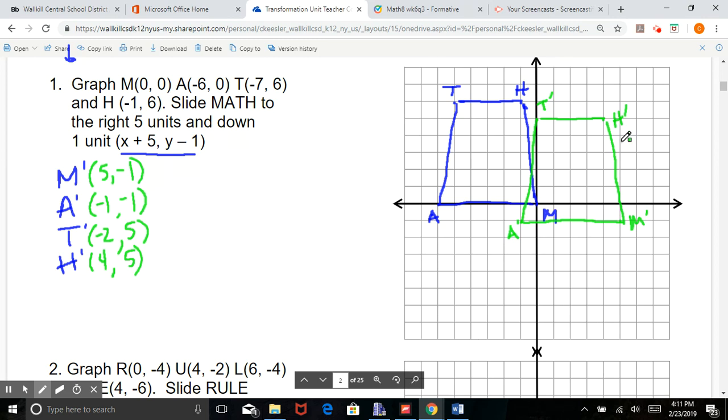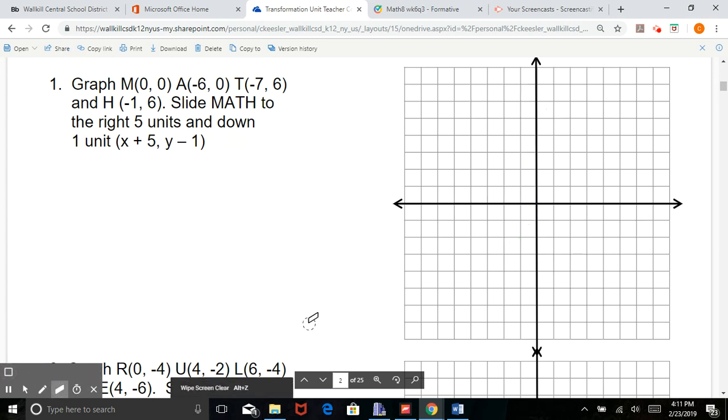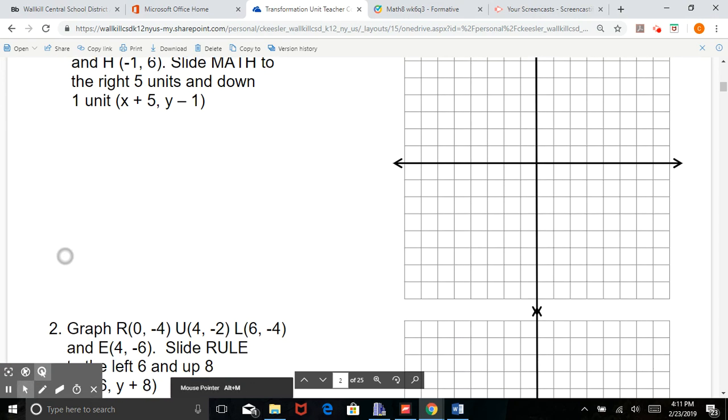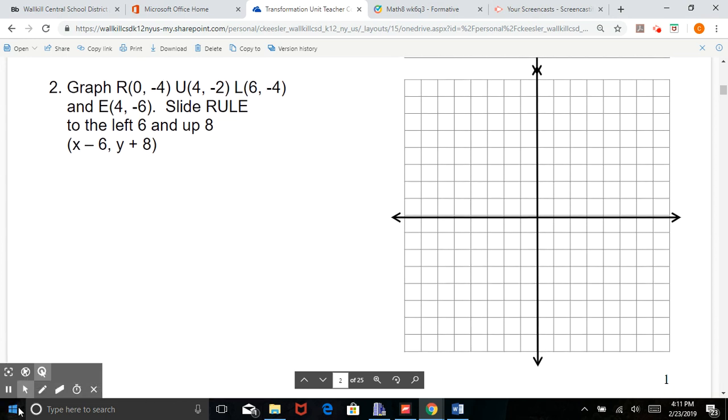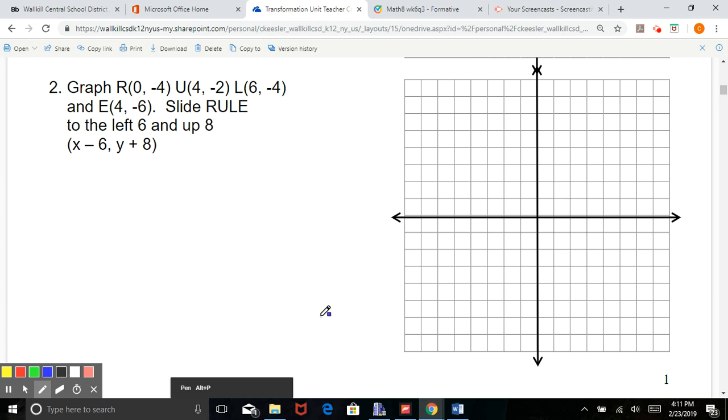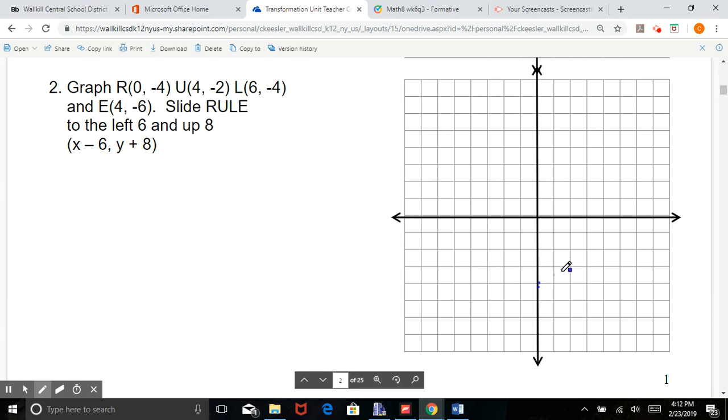So we're going to go ahead and do number 2 together, and then you're on your own. Graph RULE. R is at (0, -4). U is at (4, -2).